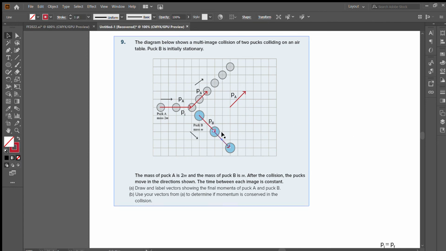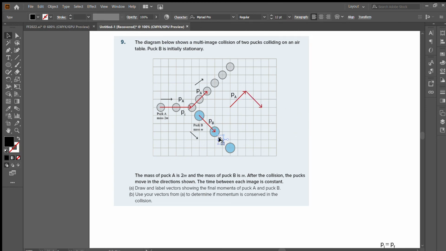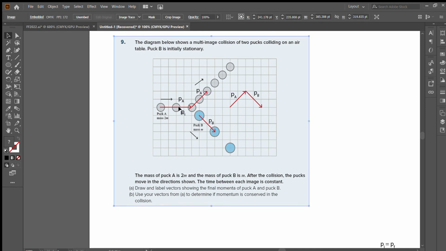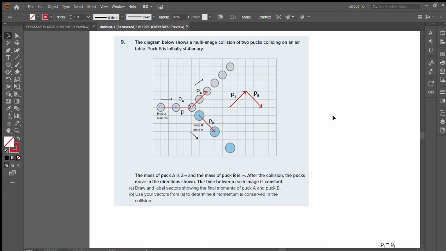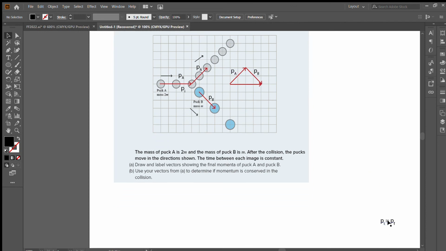Of course, when you do it, you'll draw it by hand and make sure you use the appropriate notation for vectors. So puck B is over here. Now, if we add these 2 momentum vectors together, we get, look at that, this vector here, so momentum of A plus momentum of B, and that is the final momentum.